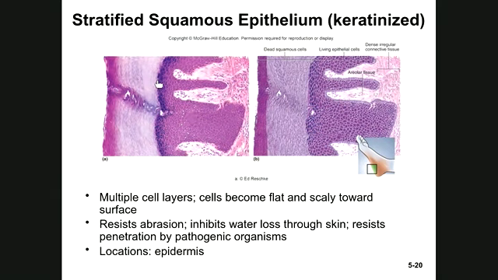And because you have keratin secretion on the surface, this epithelium is keratinized. They can resist abrasion, inhibit water loss through skin, resist penetration by pathogenic organisms. And the location is only epidermis or the surface of our body.